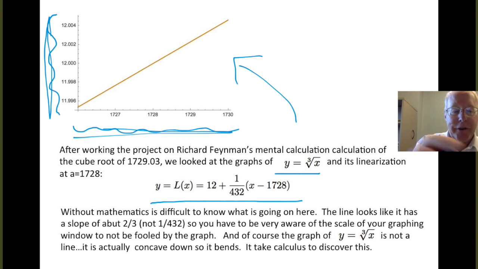So again, the calculator distorted this graph and might fool you if you're not really careful about what you're looking at. And of course, this looks straight, but if one of these graphs is the graph of the cube root, that is really not a line. It actually is concave down, so it bends, and it would take calculus to discover this if you're trying to look at the graph.